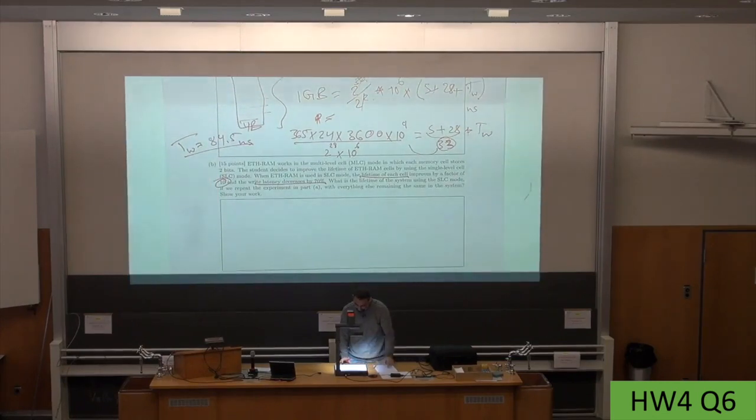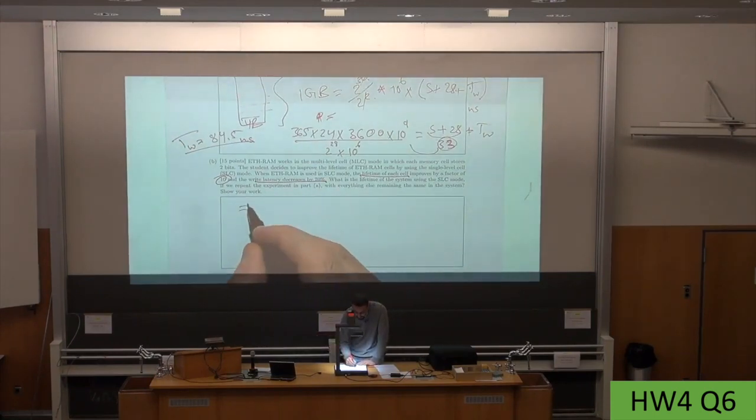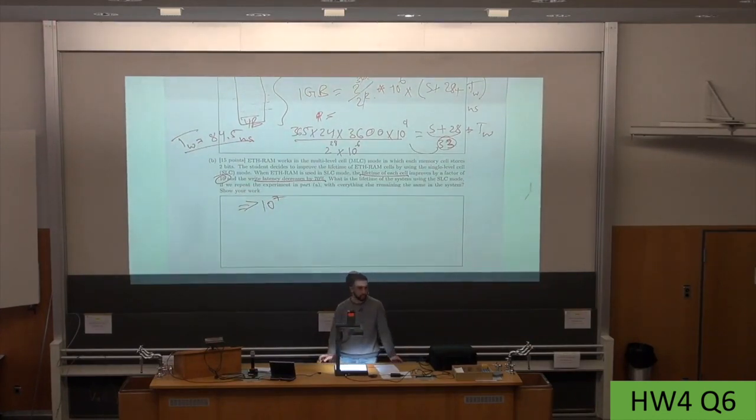So let's start from the 10x. So basically, in the first part, the cell will wear out after 10 to the power 6. So now 10x higher. So basically, it will be 10 to the power 7, right? So 10 multiplied by 10 to the power 6. And the write latency decreases by 70%.